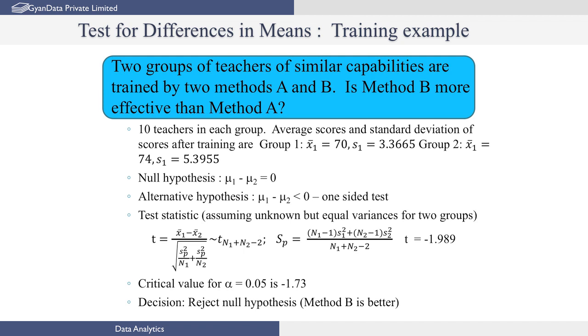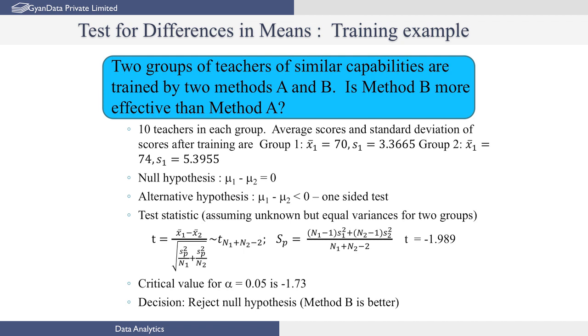We will choose the test criteria from the t distribution with this many degrees of freedom, 10 plus 10 minus 2, which is 18 degrees of freedom, and we find that the one sided confidence interval, remember this is one sided, if we are willing to tolerate a type 1 error probability of 5%, then there is only a lower threshold because it is less than 0, notice.